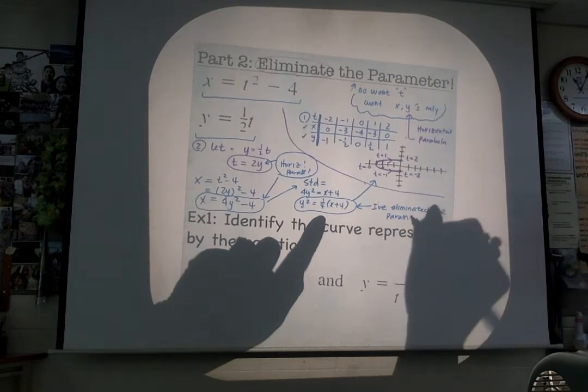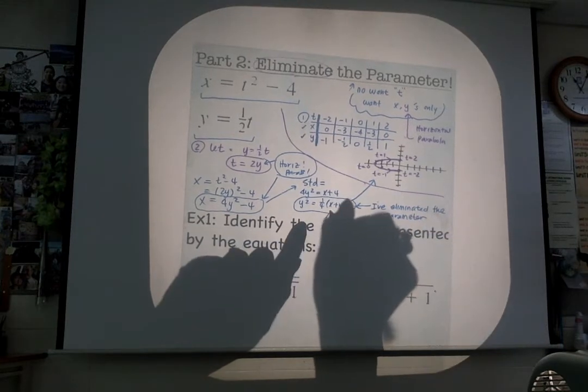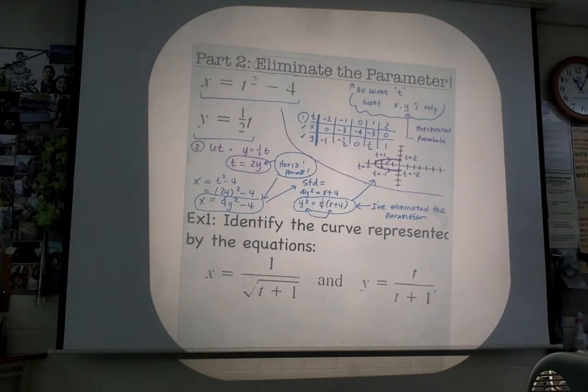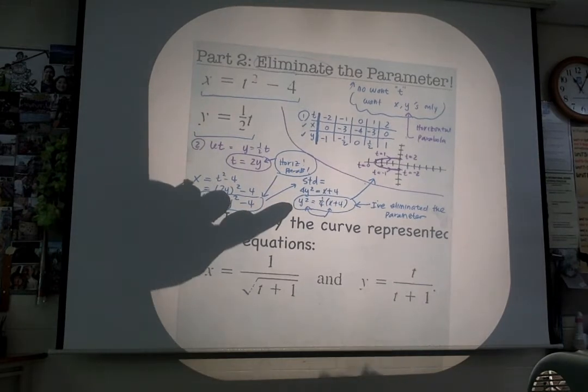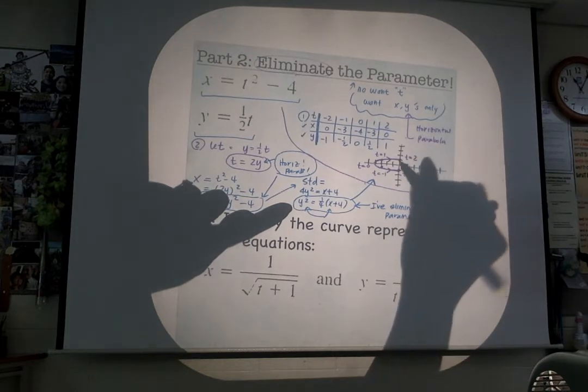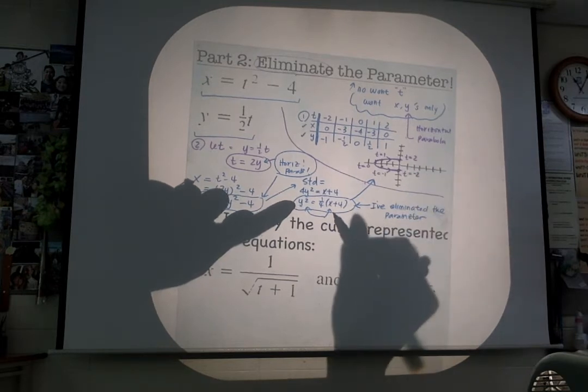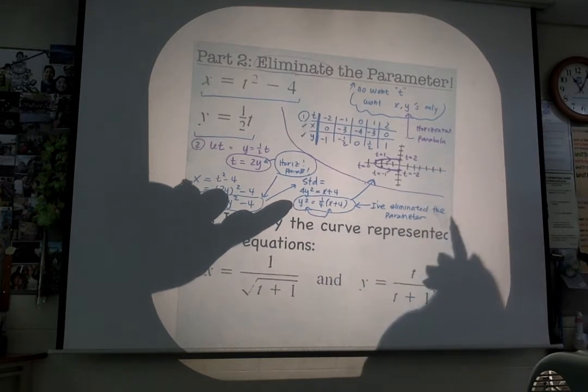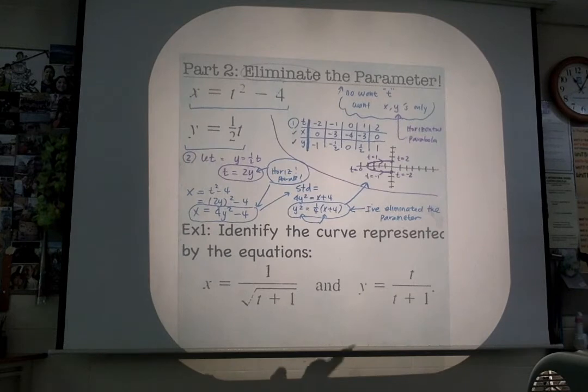We're done because it's always in x and y terms. If you were to graph this in your calculator, you would indeed get the same thing. We're going to talk about restricting the domain more in class. If I gave you only t from negative 2 to 2, you would have to limit the domain here. But for now, let's just work on eliminating the parameter.